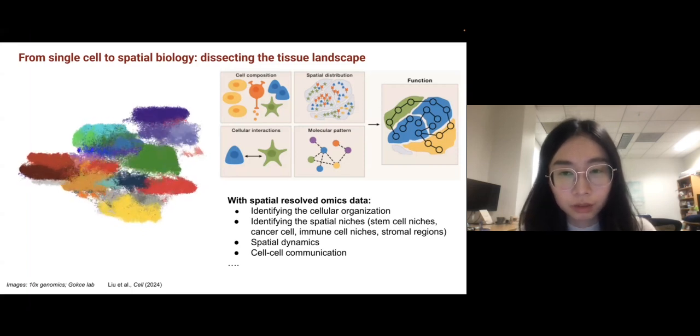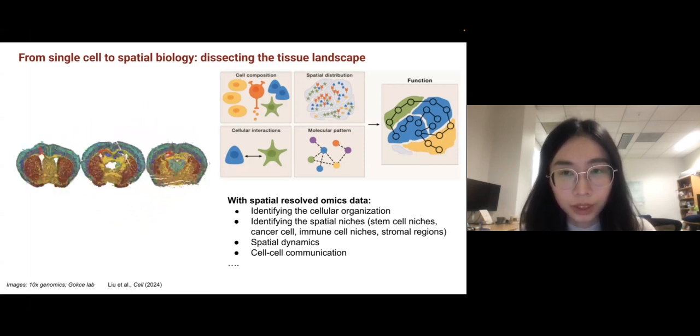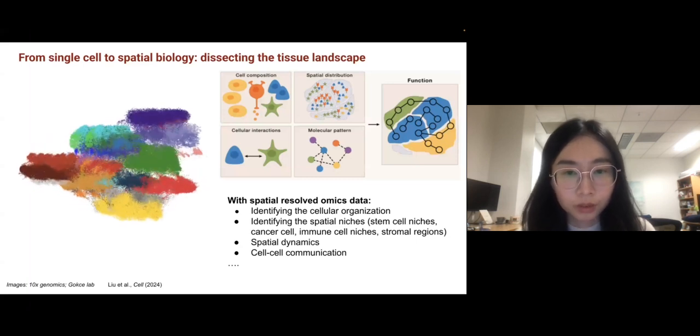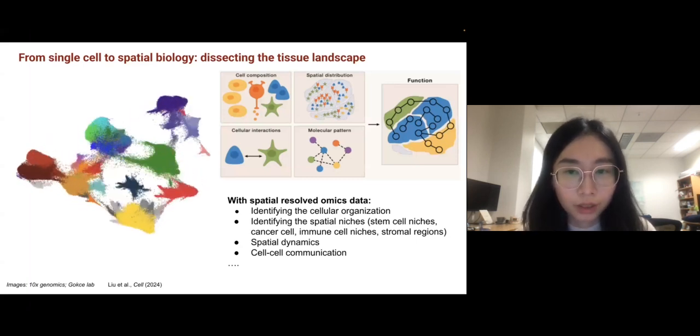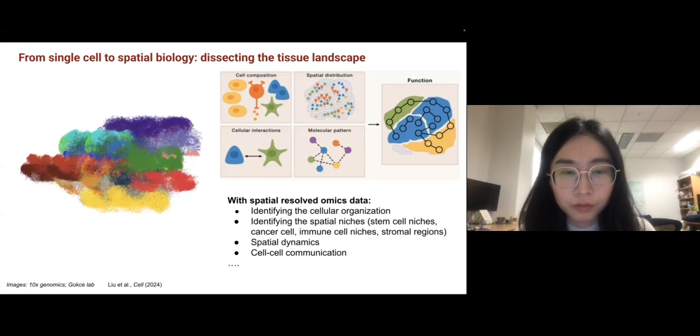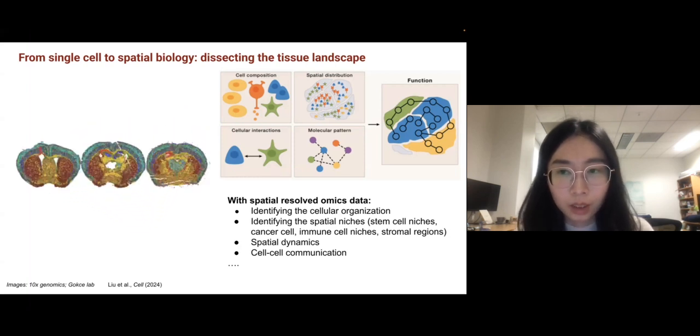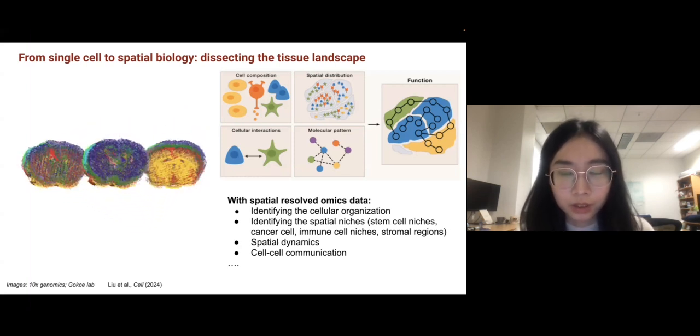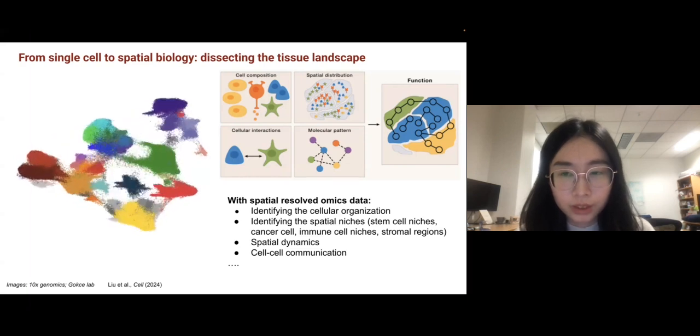This relates to the molecular patterns associated with this pattern, as well as the cellular interactions, considered as a bag of molecules. And these four factors result in mostly the functionality of the spatial regions.